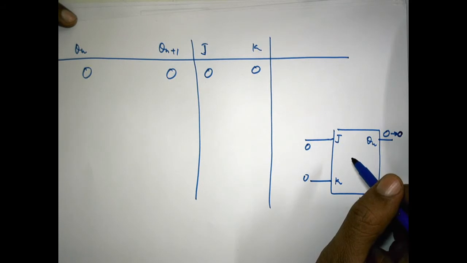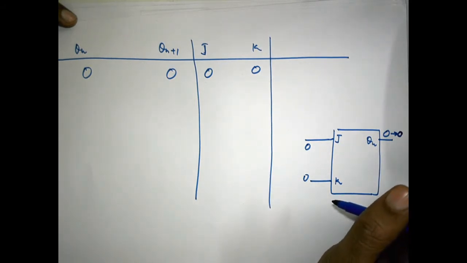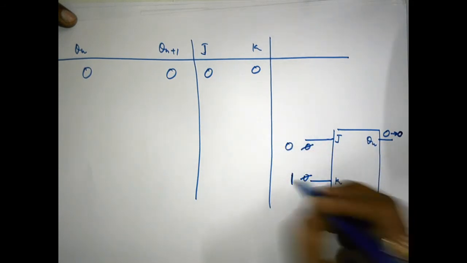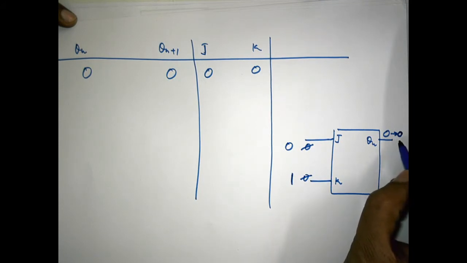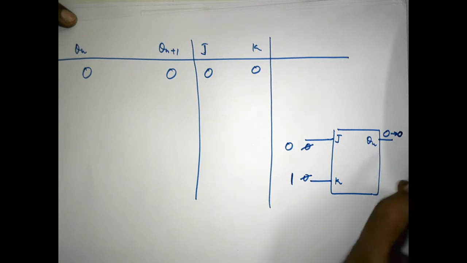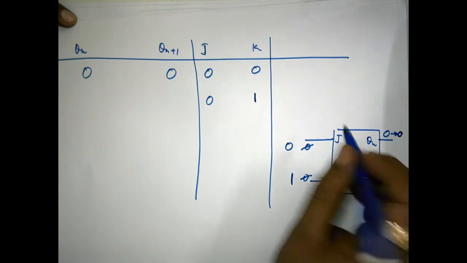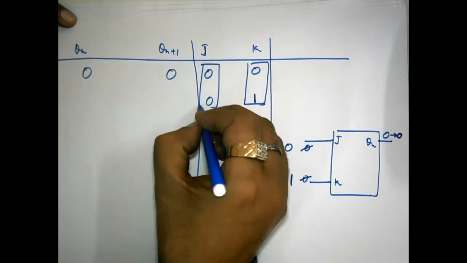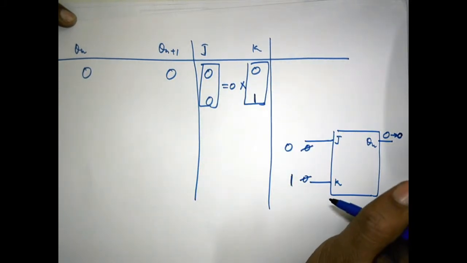Is there any other input condition which will fulfill this? 0 1. 0 1 is another input combination which can make the same output transition. This means J is 0 and K is 1, which gives us a condition that J should definitely be 0, but K is don't care.